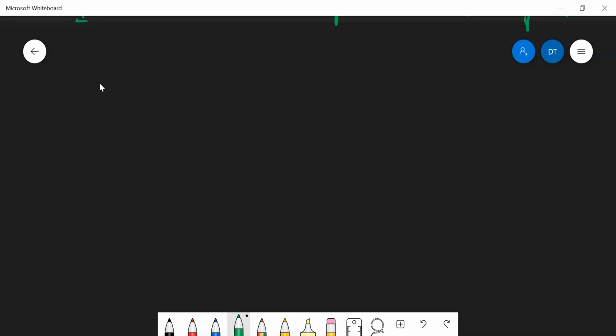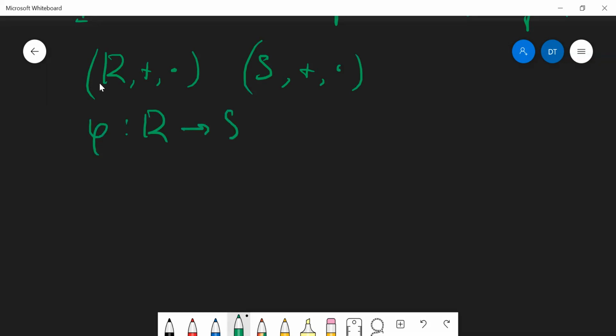Now, if we are given a homomorphism of rings, suppose that R plus dot is a ring, and S plus dot is another ring, and we're given a homomorphism between these rings. Then I want to define the kernel and the image of the homomorphism.